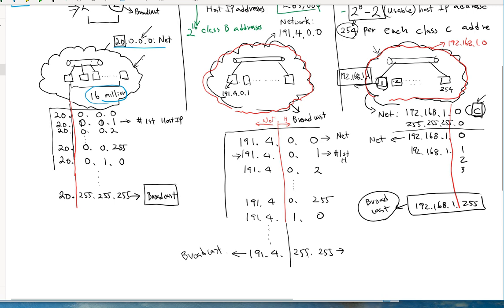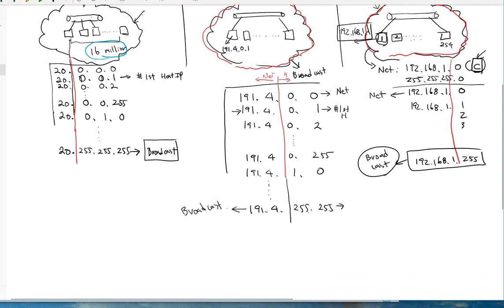So let's take a look at this example. For the class A, I'm asking you for the last usable host IP address. So the IP address, this one. So this one is the last usable.